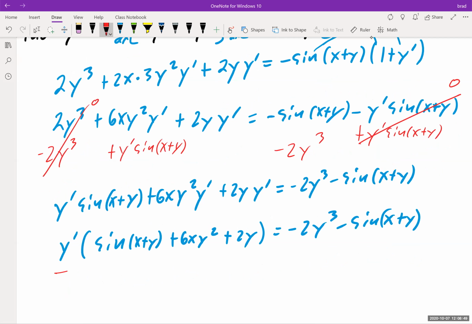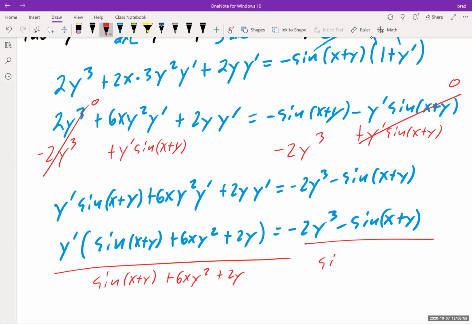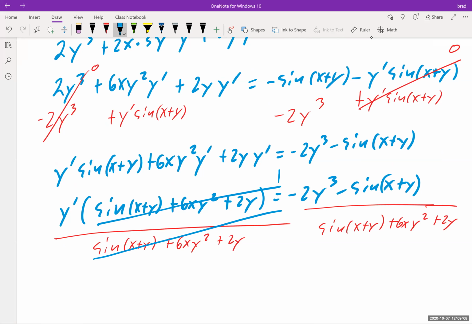And then just like before, it's ugly, but we just divide by sine of x plus y plus 6xy squared plus 2y. So these will cancel and become 1.